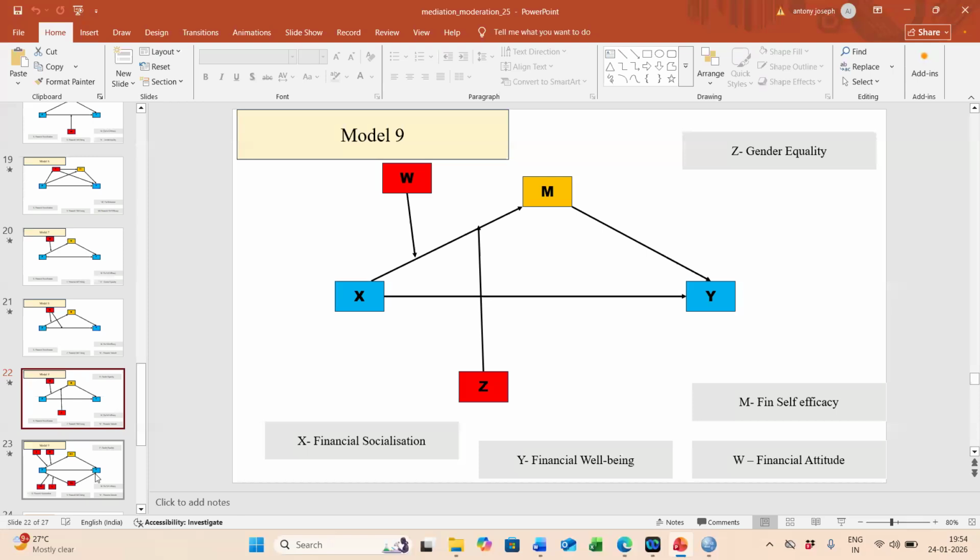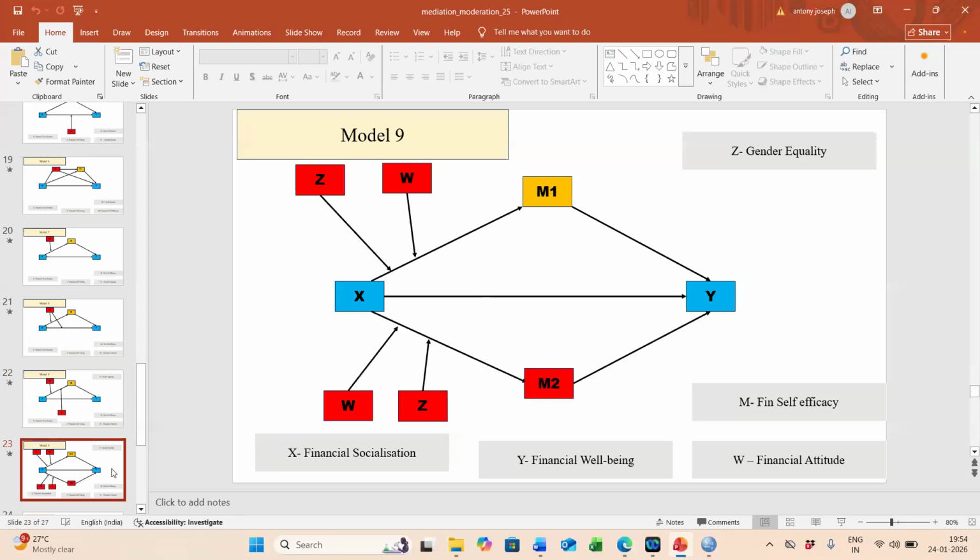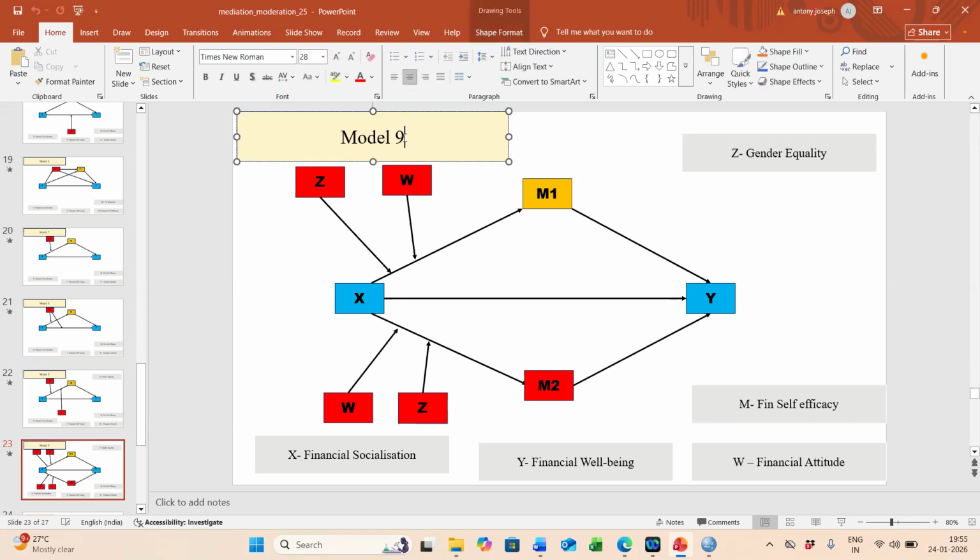You don't want to bother about the model number at first. If you know it, no problem. If you don't know, you can test it, then the system will say this is not suitable, then you can change. Actually, this is model number 10. Thank you so much for reminding me.